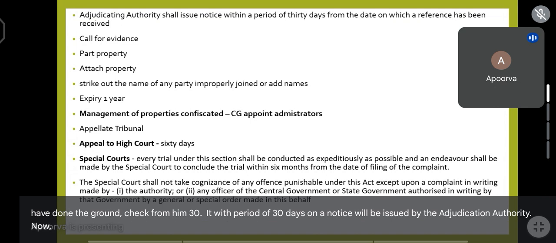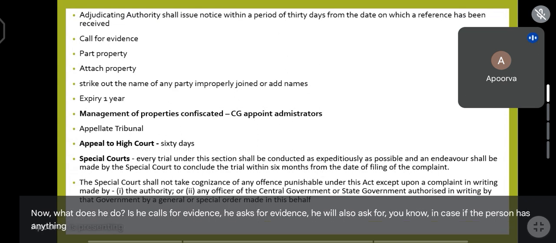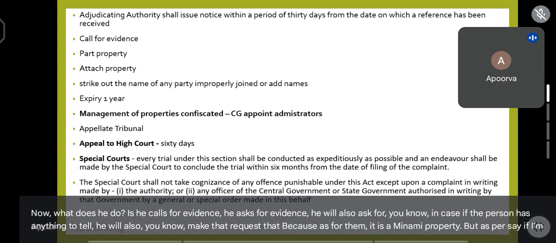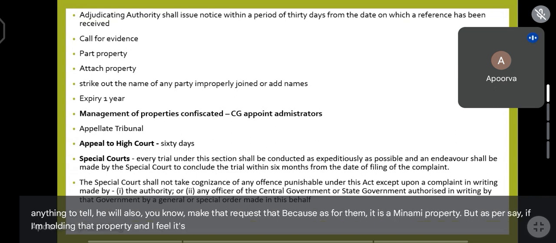Now, what he does is call for evidence. In case the person has anything to say, he will also make that request. As per them it is a benami property, but if I am holding that property and I feel it's not a benami transaction, I have the right to mention that, so I have to be heard.